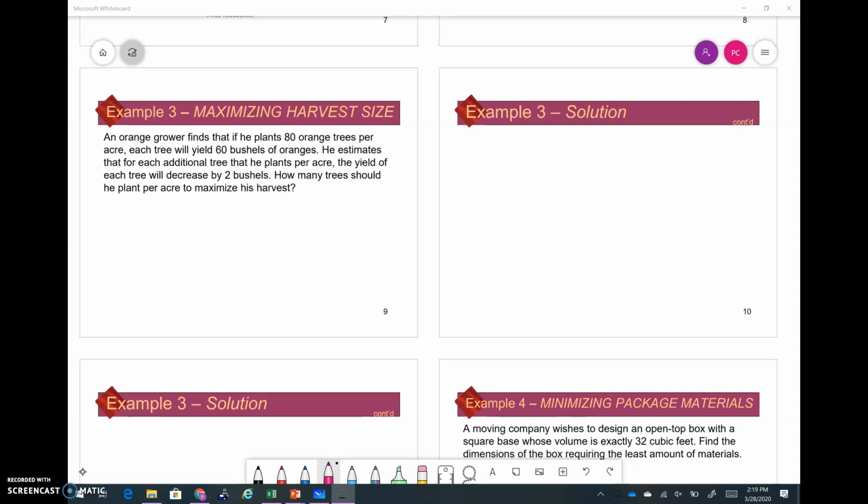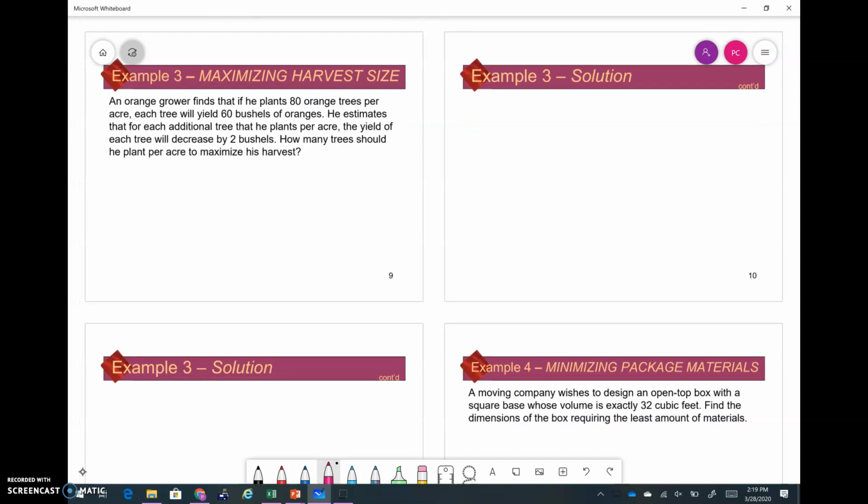All right, so we're going to make our x be the number of added trees per acre. We know that he's going to start with 80 trees per acre, and he's going to add so many more.